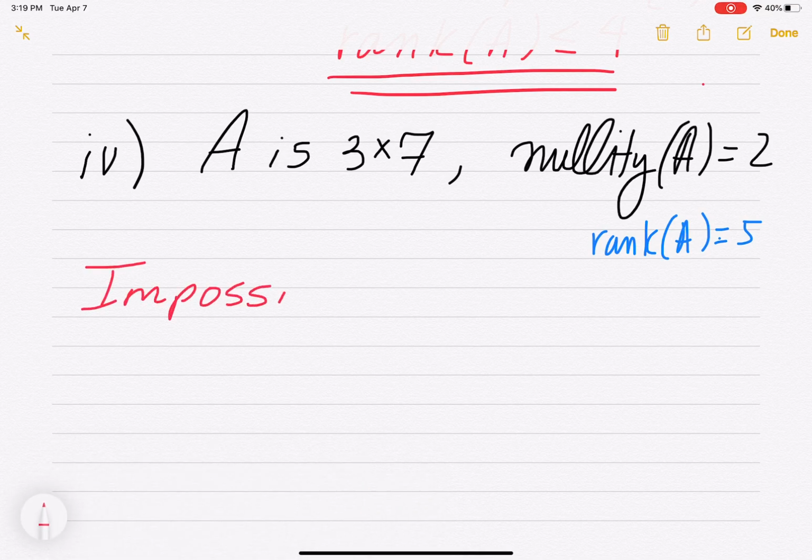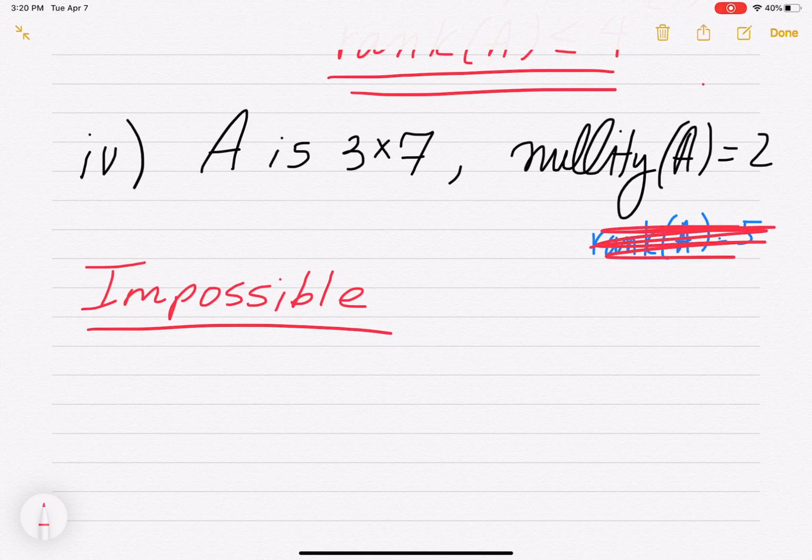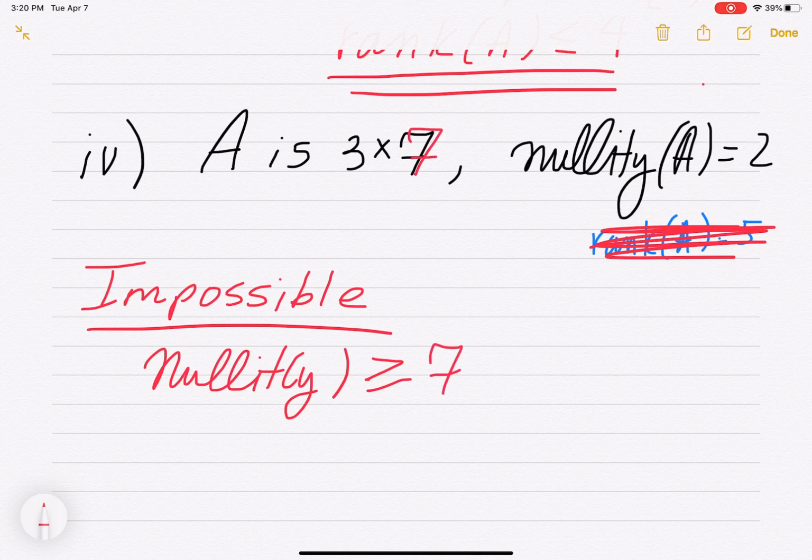One way to do this, you could say, well, the rank is at most 3, so it's impossible to have a rank of 5. But let's not even talk about rank. Let's pretend we didn't know what the rank was. So what do we know? We know the nullity of A is greater than or equal to n, which is 7, minus the minimum of m and n, 3 and 7.